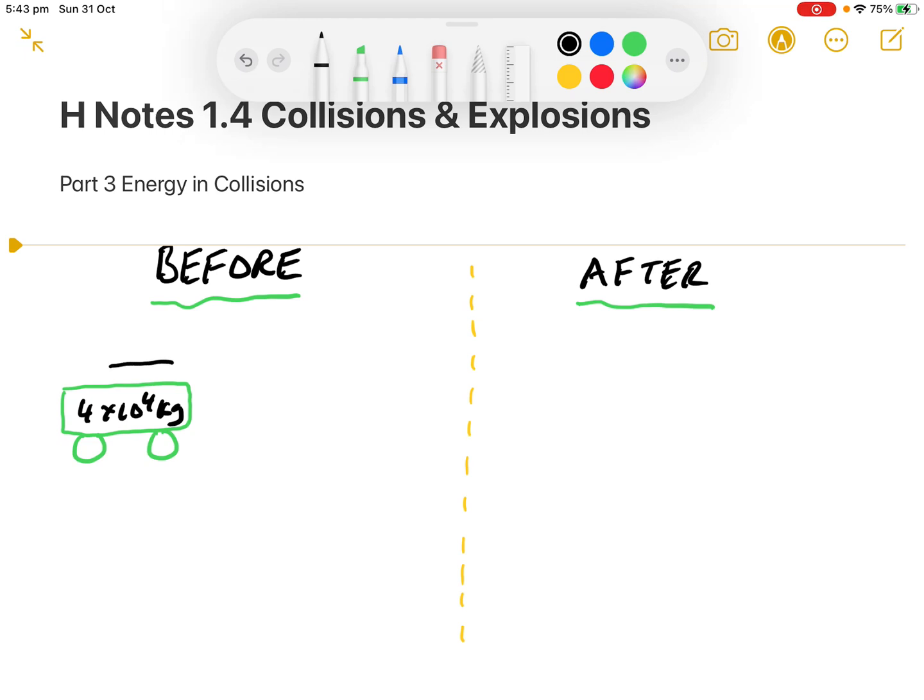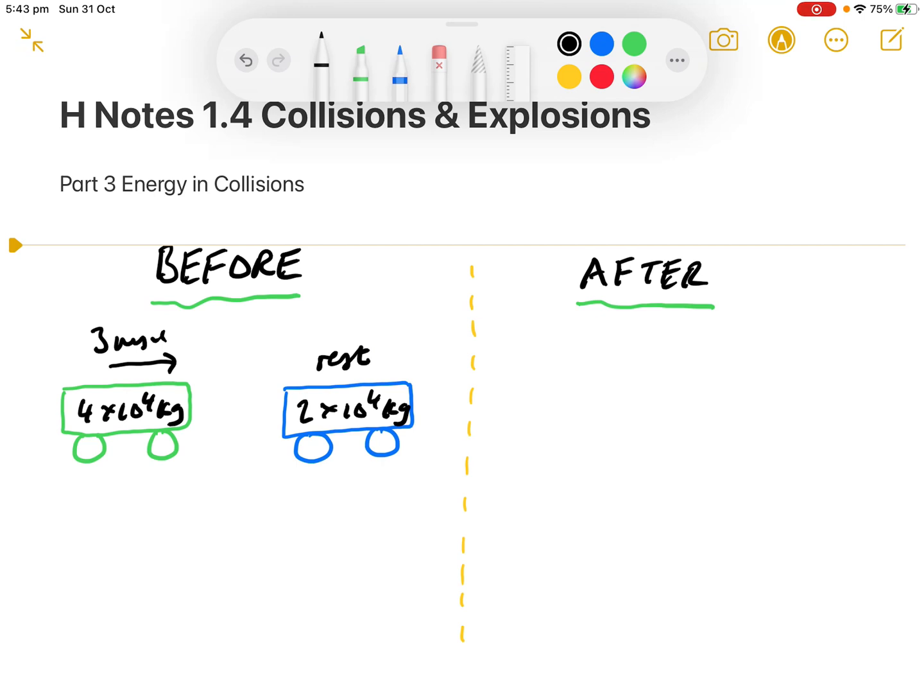And he's travelling in at 3 meters per second, and he bangs in to another railway wagon. Let's give that a mass of 2 times 10 to the 4 kilograms, which is originally at rest.